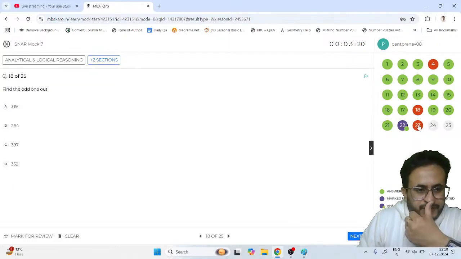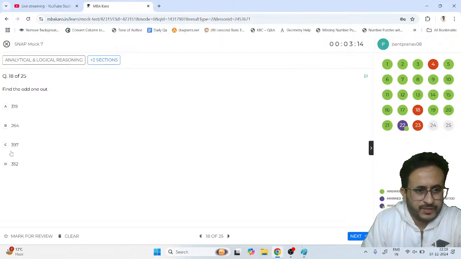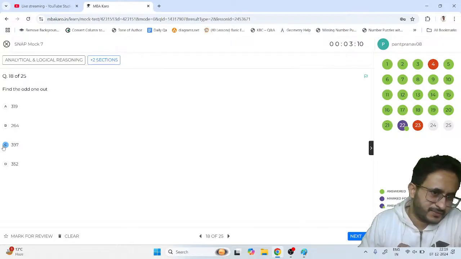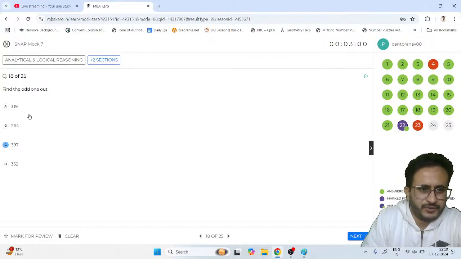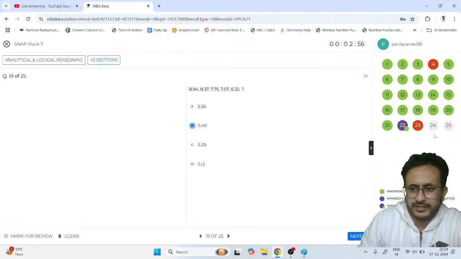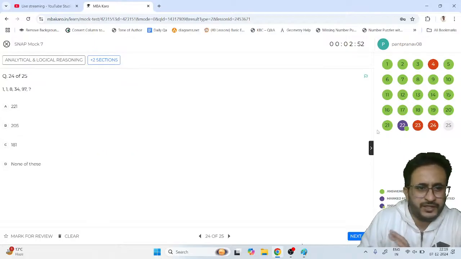I can't figure out the odd one out. 319, and I'll mark some number, 397. It looks to be a prime number to me. Is 319 prime? Not prime, it is divisible by 11. So 397 I'll mark. 23rd question was Omega company something something, 24 and 25.